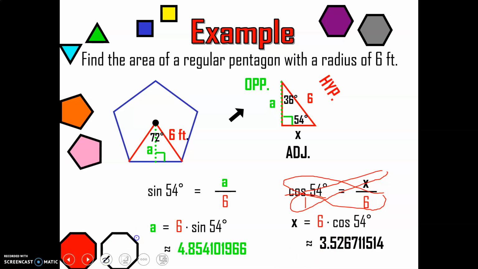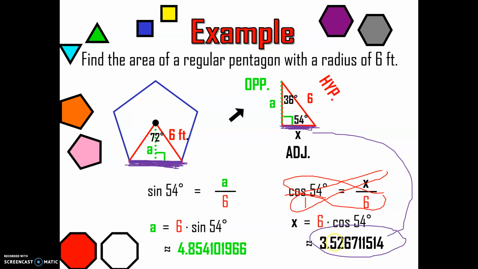As mentioned before, this is only half of the side, so we have to double that value. After doing that, we're looking at a side length of about 7.04 approximately.